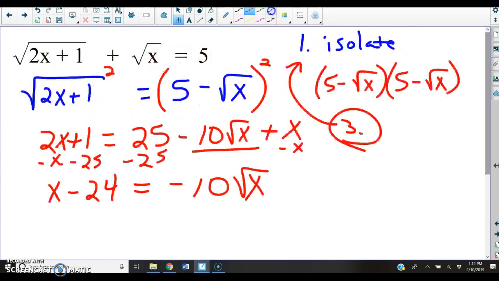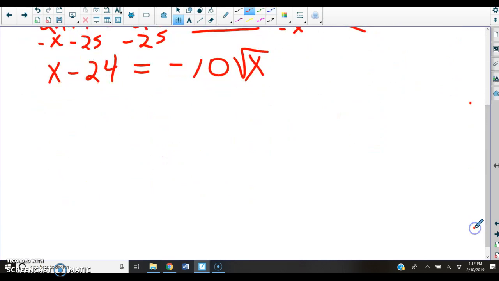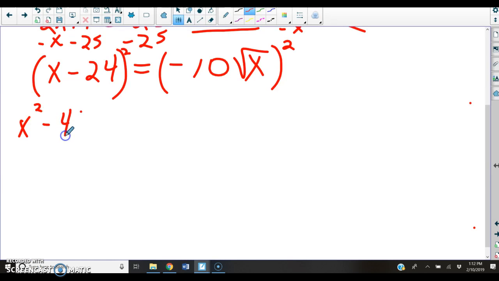So we're going to square both sides again. Okay, and again, I don't have to give you the lecture a third time, do I? It'll be x squared minus 48x plus 576. That's getting to be big. And when we square this side, you have to square the negative 10 as well as that square root.